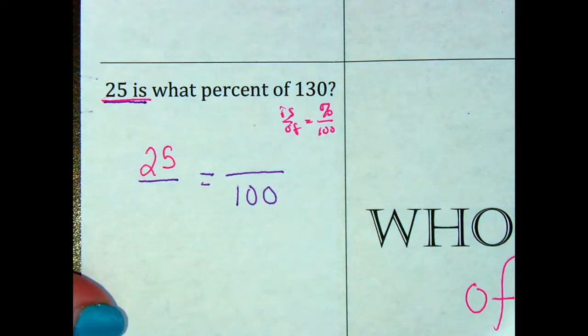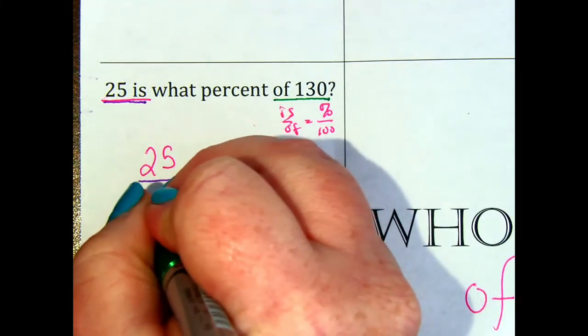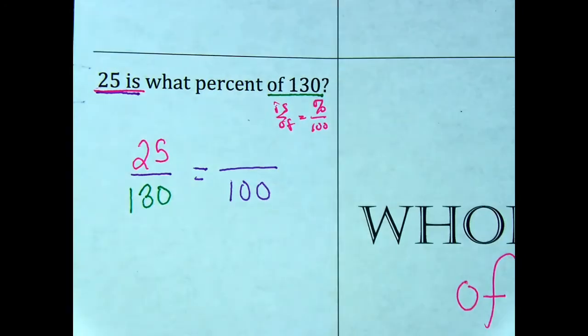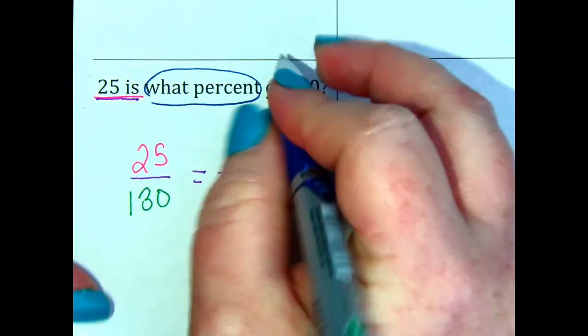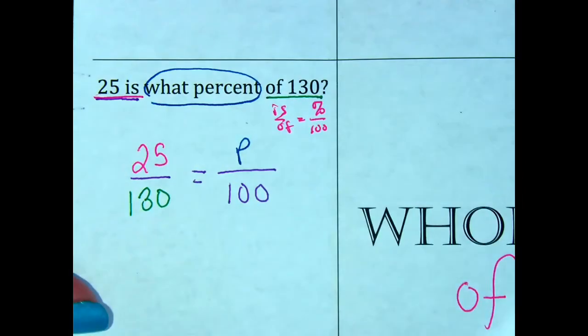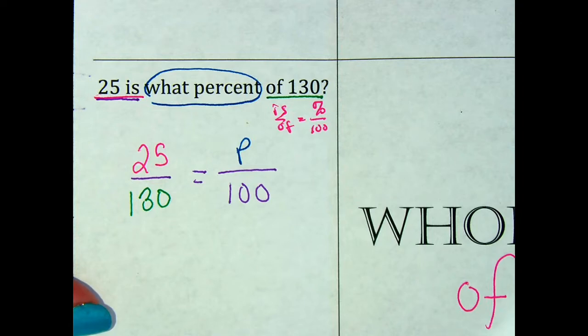And it says, is what percent of 130? Well, of 130, of goes in the numerator. And it's literally asking me what percent, so that is where I'm going to put my P for percent, or you can use an X. Once I set up my ratio, now it's just a matter of using cross products to find my answer.